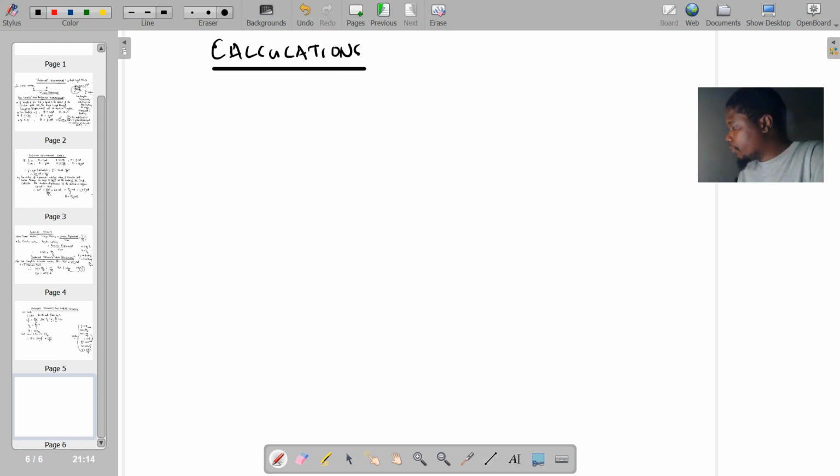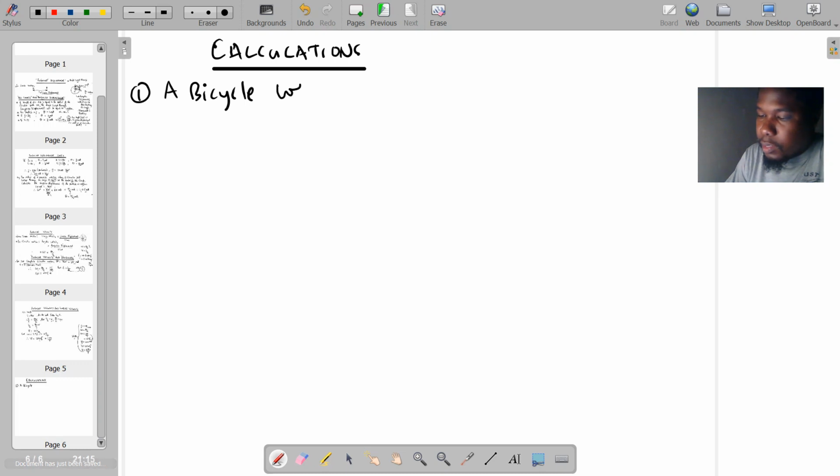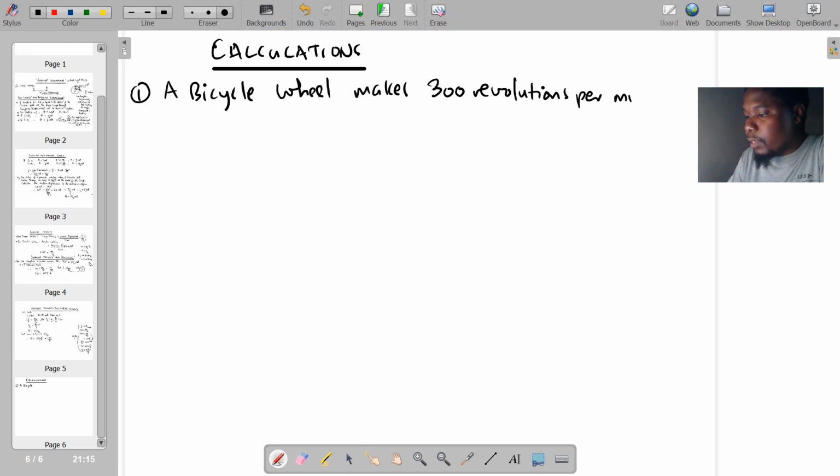Now the first example we're looking at. Number one: a bicycle wheel makes 300 revolutions per minute.